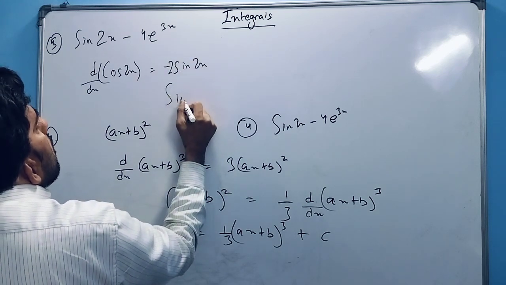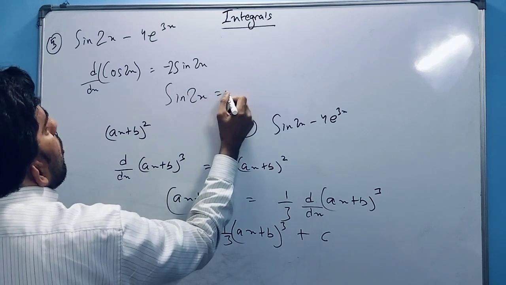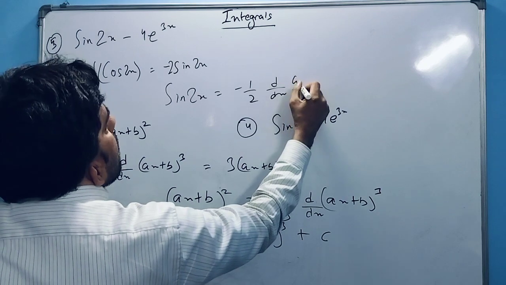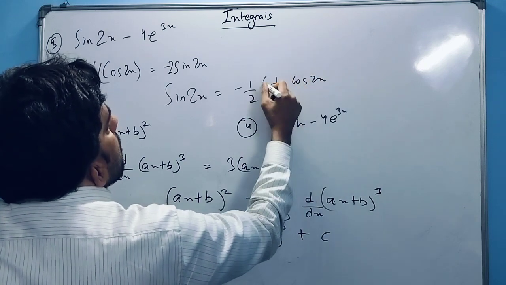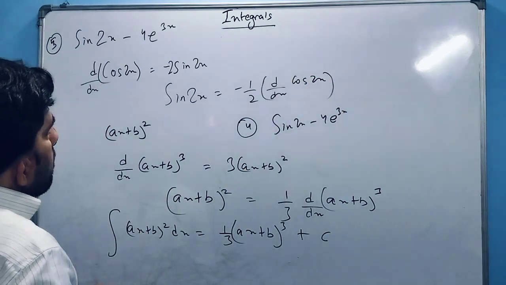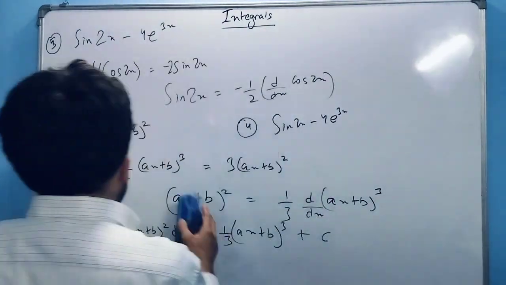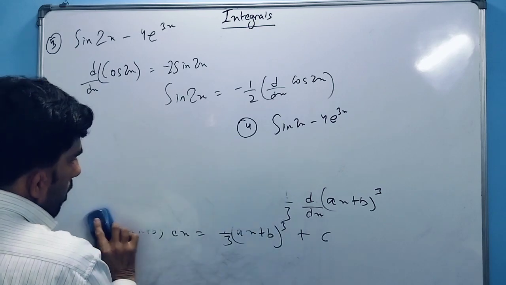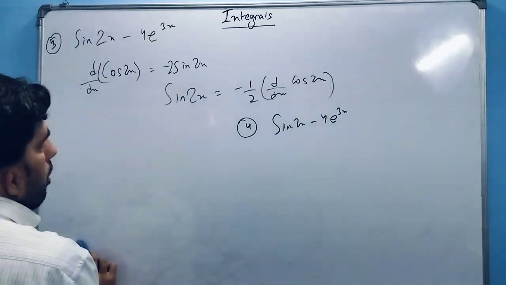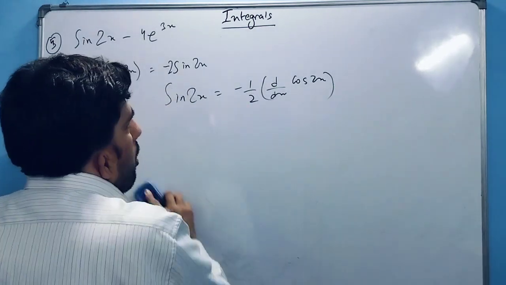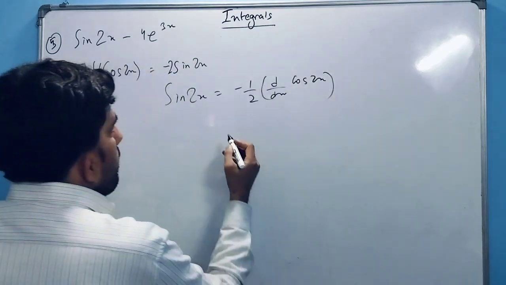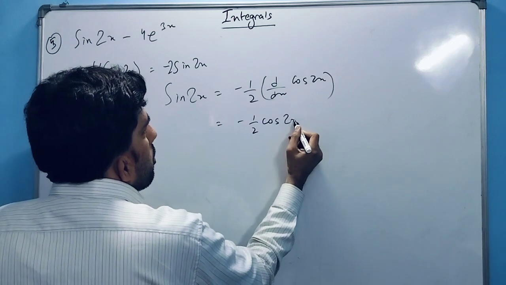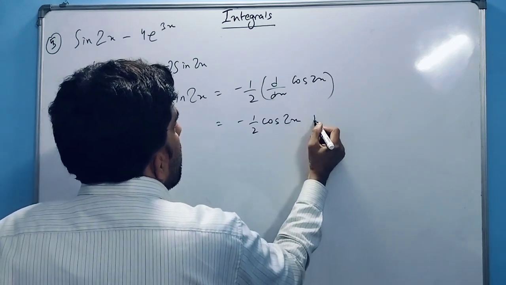So sin 2x is equal to minus half of d/dx of cos 2x. So finally I got minus half of cos 2x plus c.